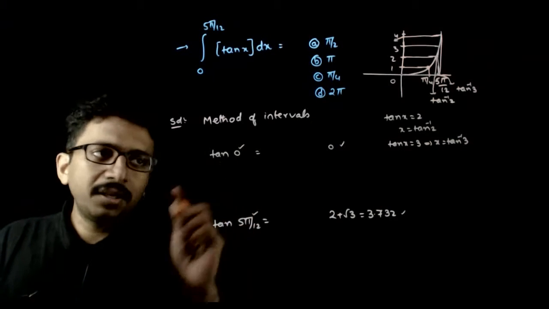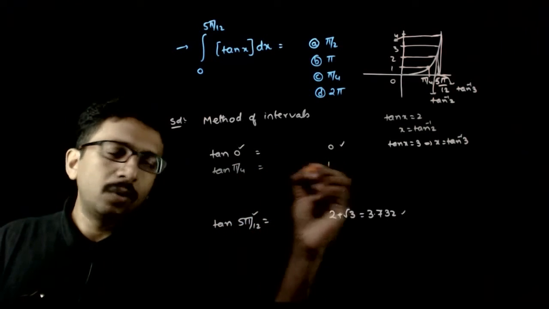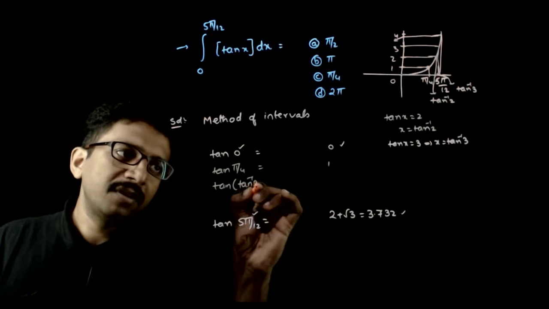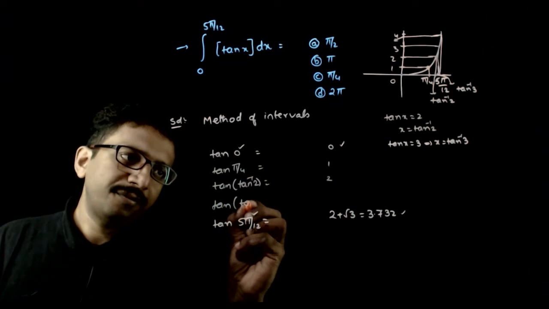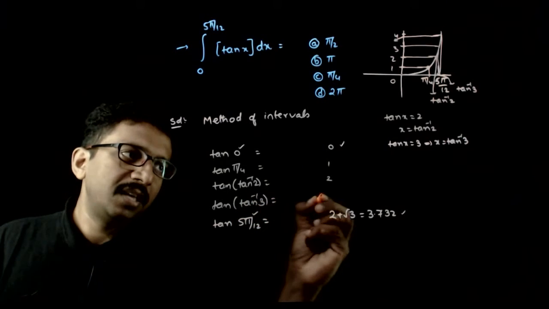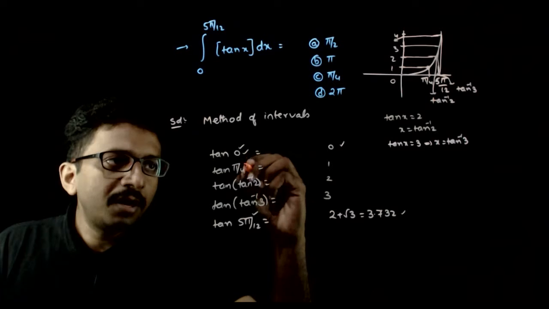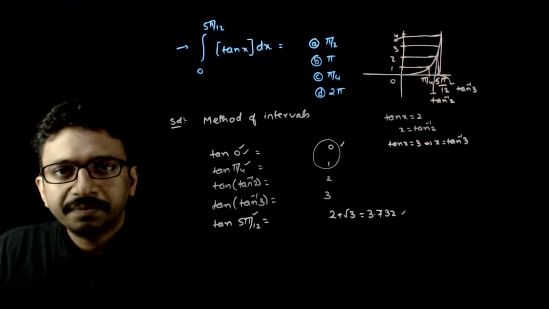So, tan 0 is 0. Tan π/4 is equal to 1. Tan of tan inverse 2 is equal to 2. Tan of tan inverse 3 is equal to 3. So, between 0 and π/4, tan x lies between 0 and 1.